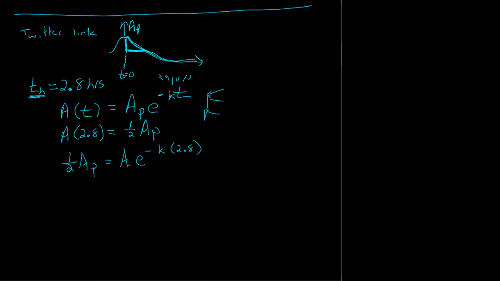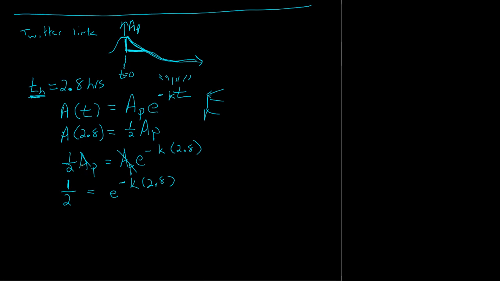Again, these will divide out, leaving 1/2 equals e to the negative k times 2.8. Notice, because this is a multiplier and it's spitting out a fraction, and a half-life is telling me a multiplier of an answer, the initial amount doesn't matter.